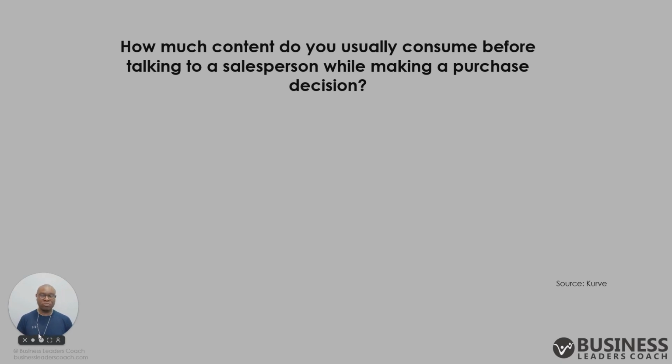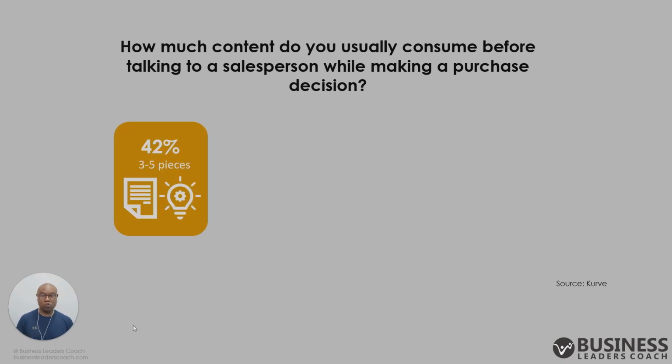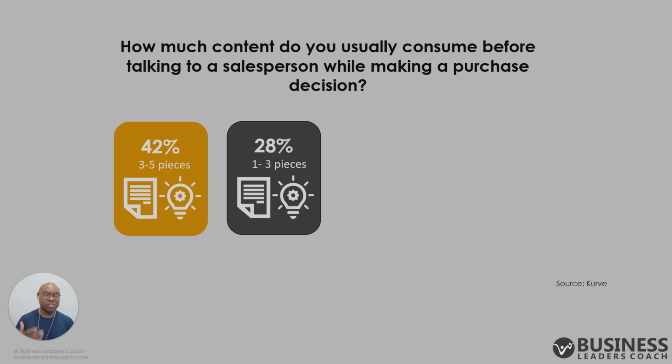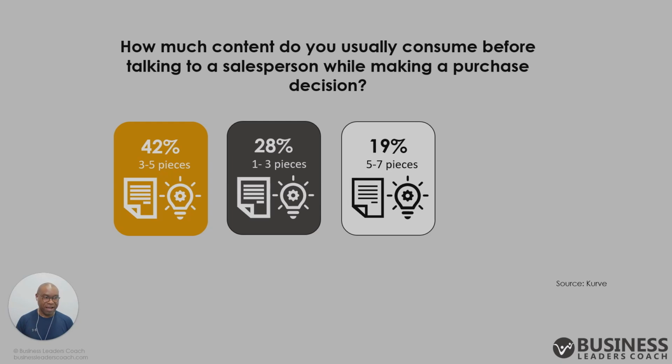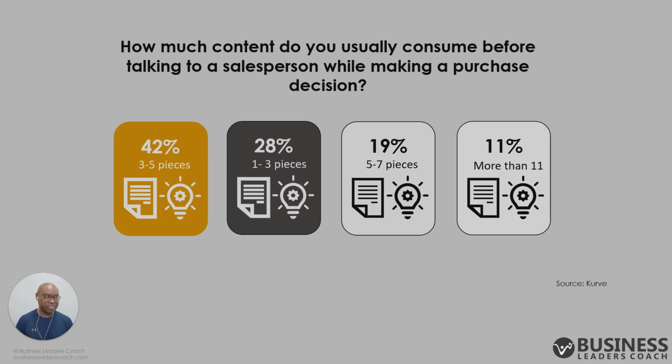What they found was that 42% of people said they will interact with about 3 to 5 pieces of content from an organization before they make a purchase decision. 28% said 1 to 3 pieces of content, 19% said 5 to 7, and 11% more than 11 pieces of content. This is simply giving us insight that the world has changed, and that people want to interact with content first.